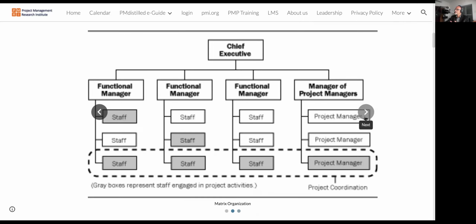And we have a matrix kind of organization where we have the team members. For project related things, the team members will report to the project manager, whereas for their respective functions, they report to the functional manager. So, as discussed earlier, the matrix organization can be further divided into strong matrix, weak matrix, and the balanced matrix.